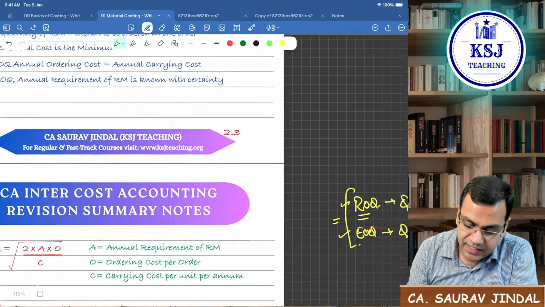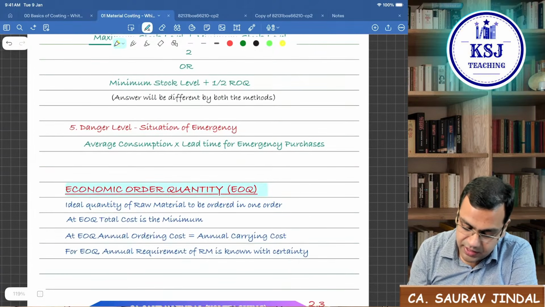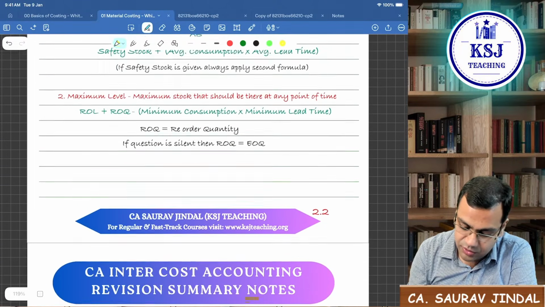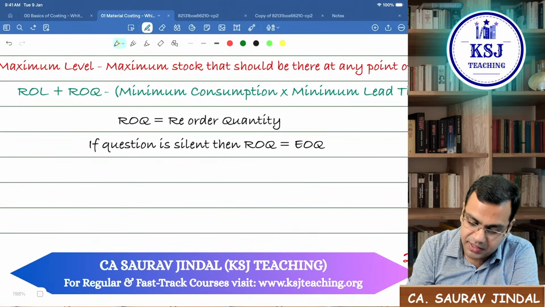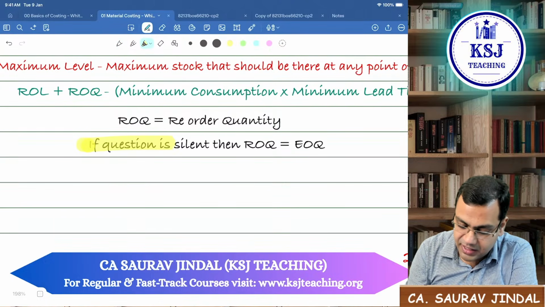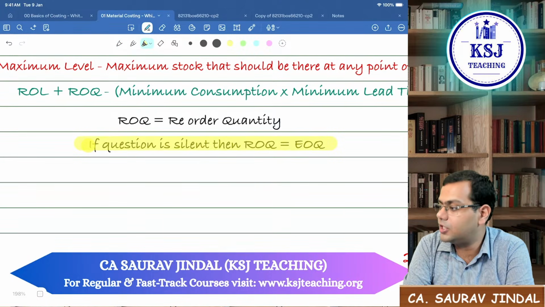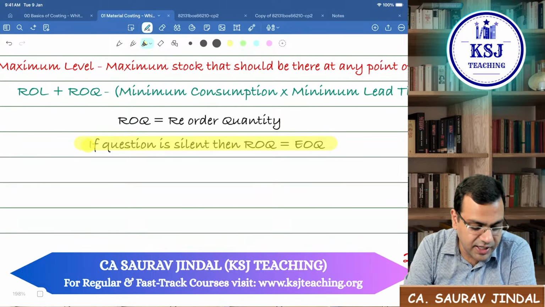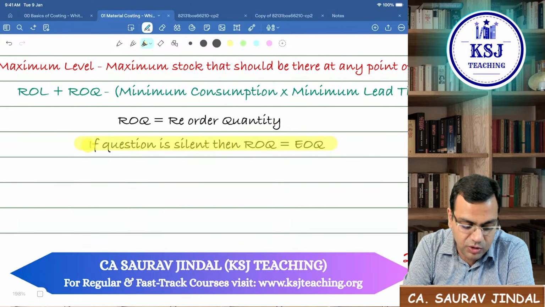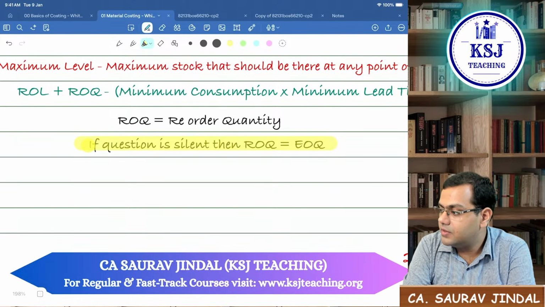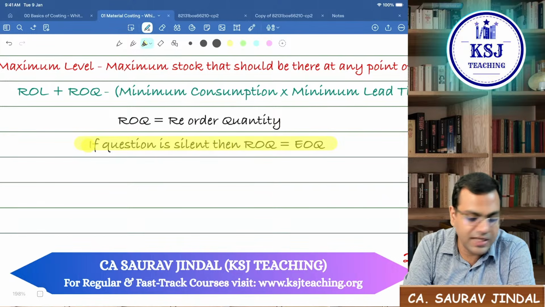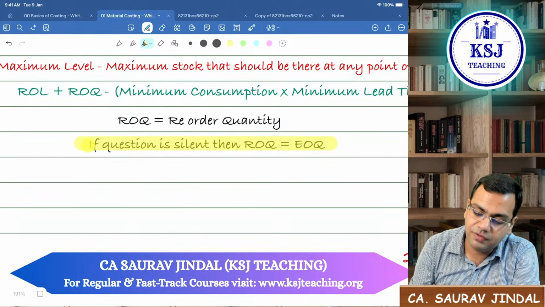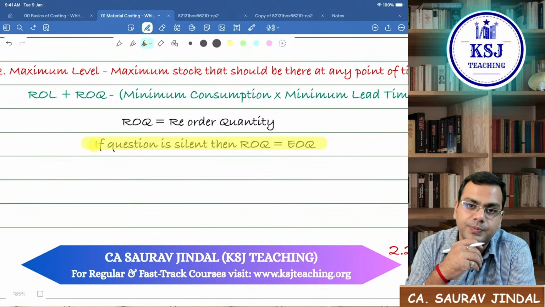That's what I told yesterday: if the question is silent, then ROQ is equal to EOQ.